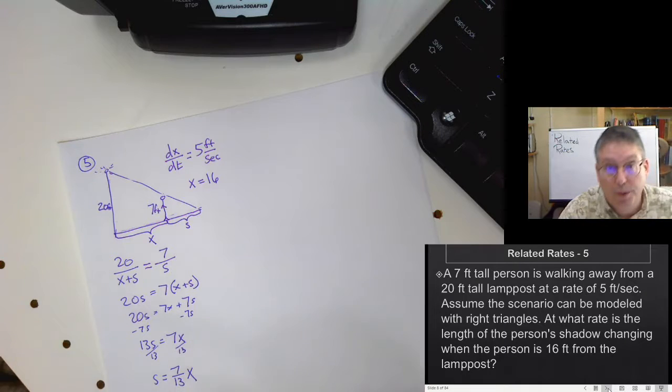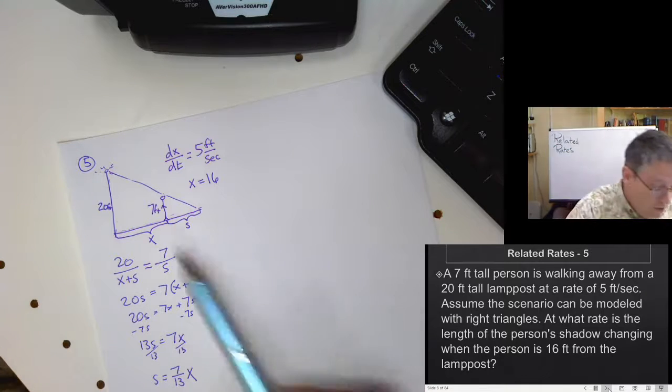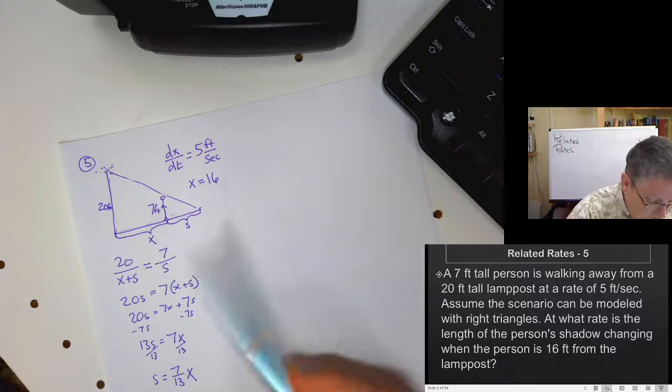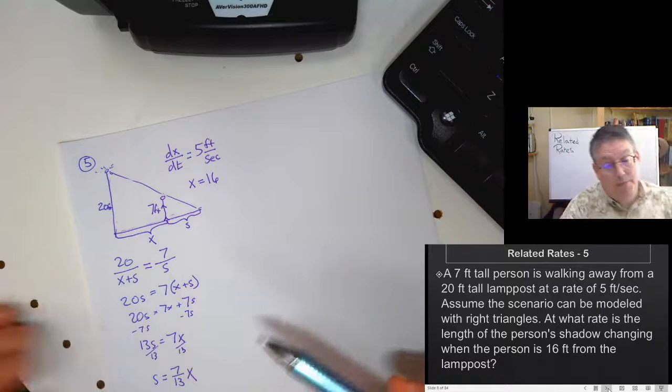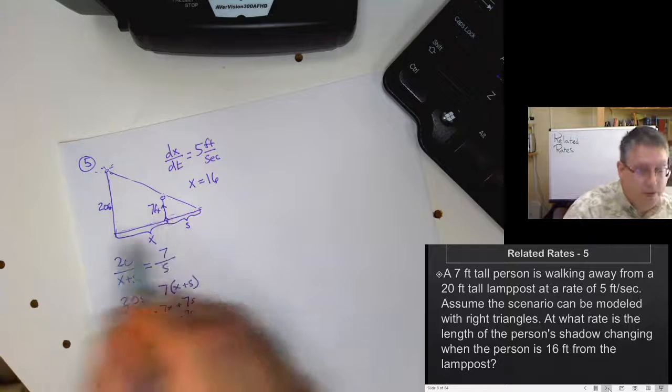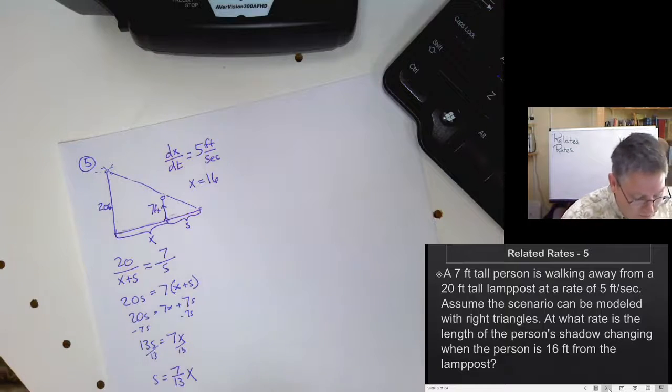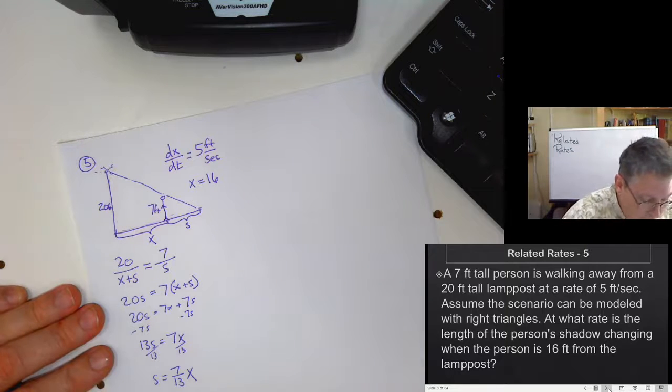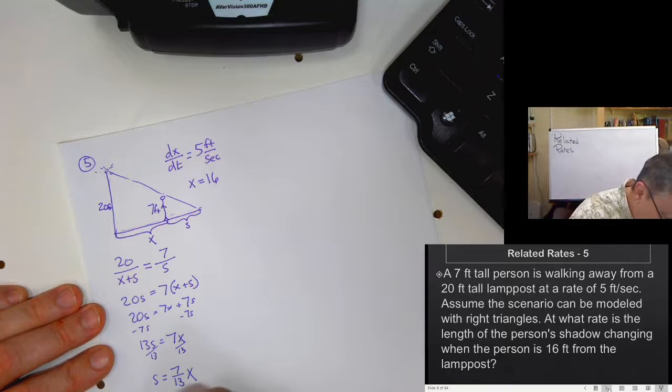ratio is going to be true for everything, right? But now we're going to differentiate it with respect to time for this situation with those numbers. So ds/dt equals d/dt of 7/13 x.